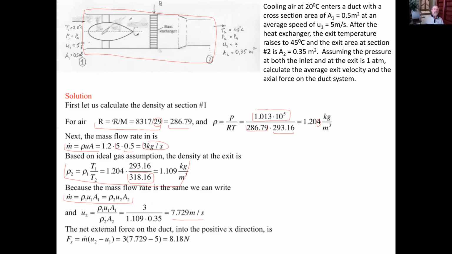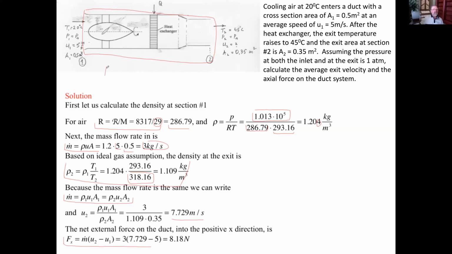Now, because the velocity going in and coming out is different, we can assume that there could be some force. And what is Fx? Fx, which we call the shear. Pressure is the same on both sides, something going in and going out.